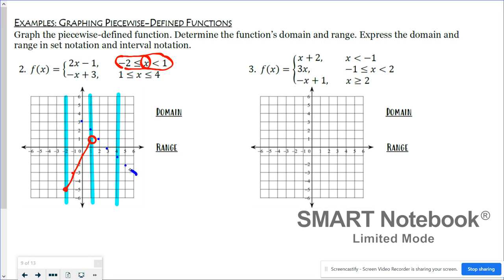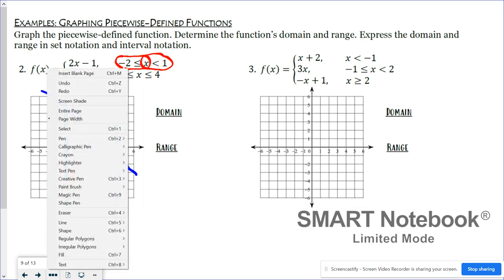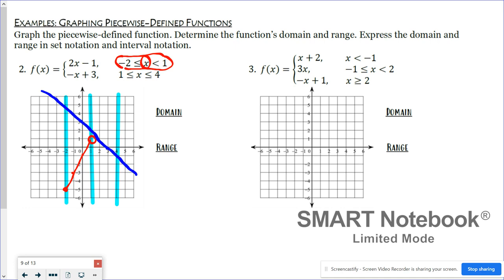Then I can draw in my line. I'm drawing in the entire line, and then I'll erase everything that's in the wrong neighborhood. So I'm erasing everything over here because this piece only lives between 1 and 4.